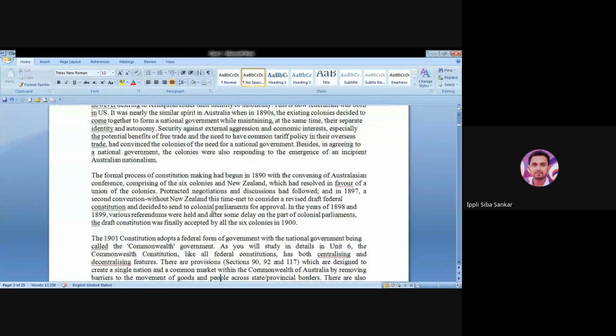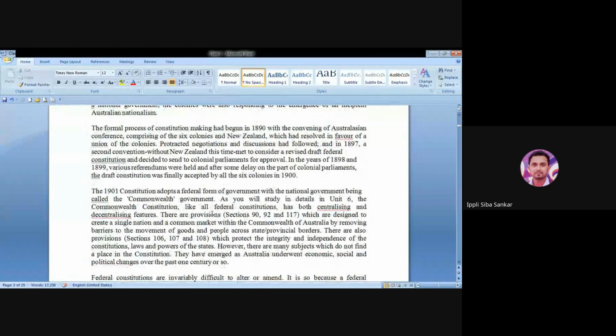The formal process of constitution making had begun in the 1890s with the convening of an Australian Conference, comprising 6 colonies and New Zealand, which had resolved in favour of a union of colonies.